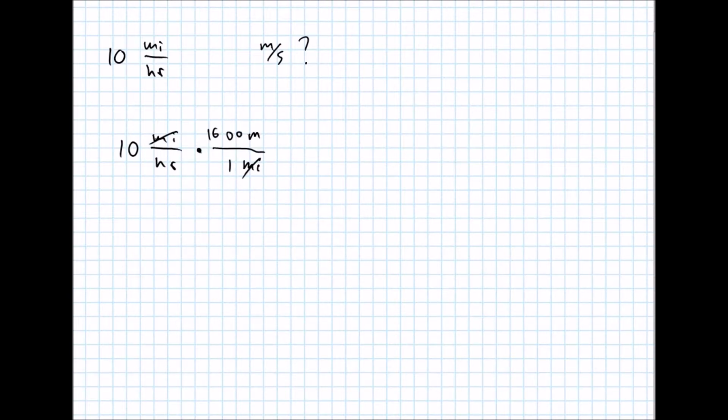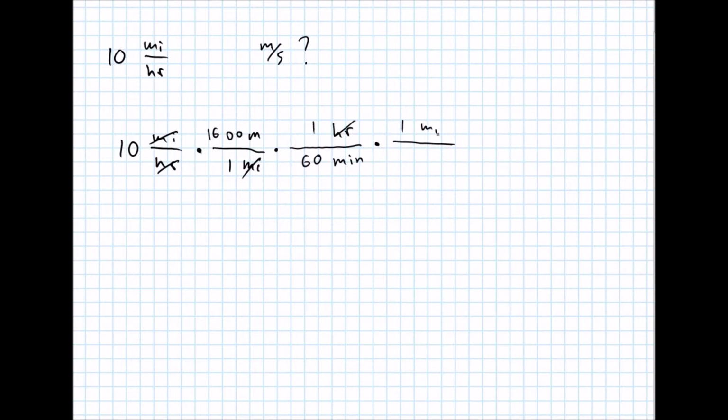So the miles cancel out, and I'm left with meters per hour. But that's not what I want. I want meters per second. So now I need to deal with that hour. Now see, hour is on the bottom here. So in order to cancel it out, I need to put hour on the top of my conversion factor. Now we just did this. Let's go to minutes first. In 1 hour, there are 60 minutes. That cancels hour, and I'm in meters per minute.